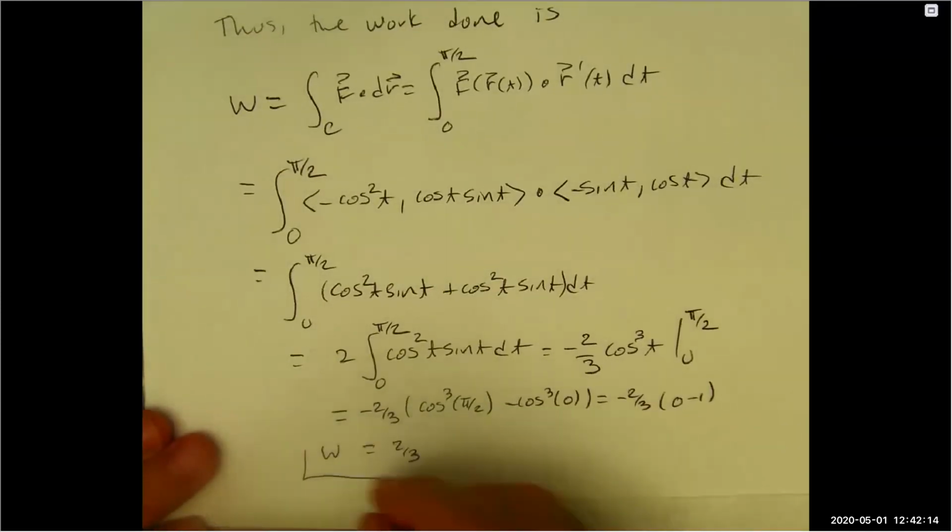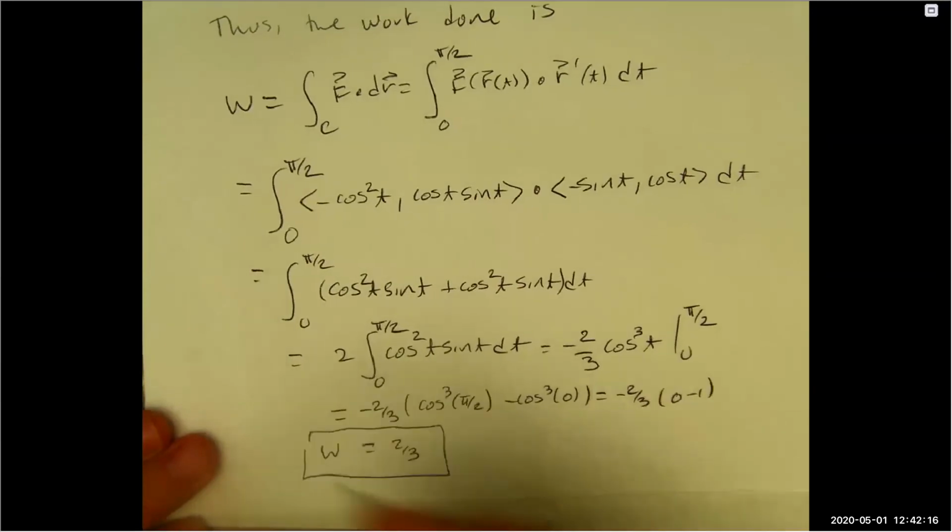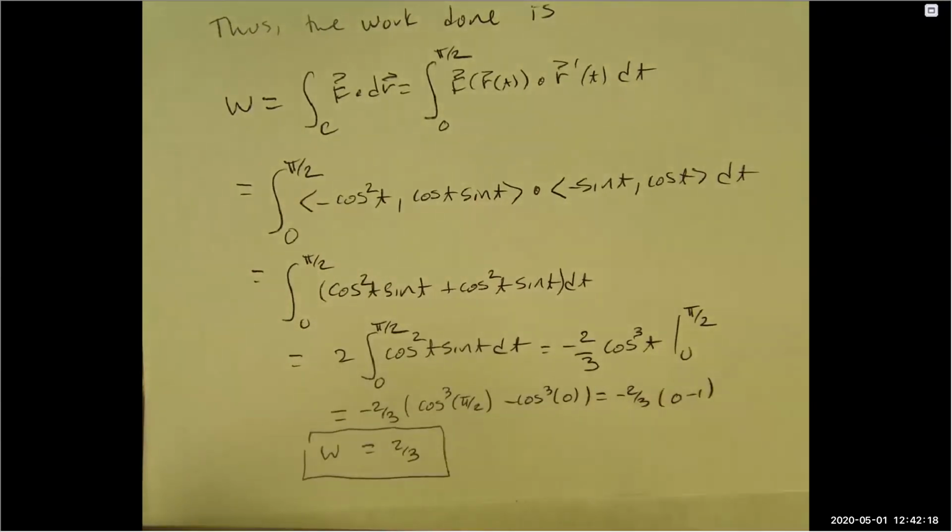And so sometimes people ask, could the work ever be negative? For example, if your vector field represents the velocity of wind, and it's more of a headwind than a tailwind, then the work done in terms of circulating particles along the curve is actually negative.